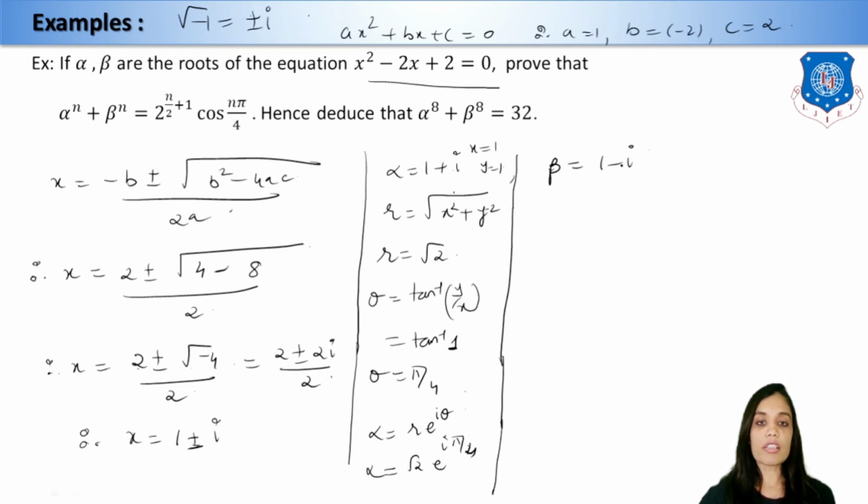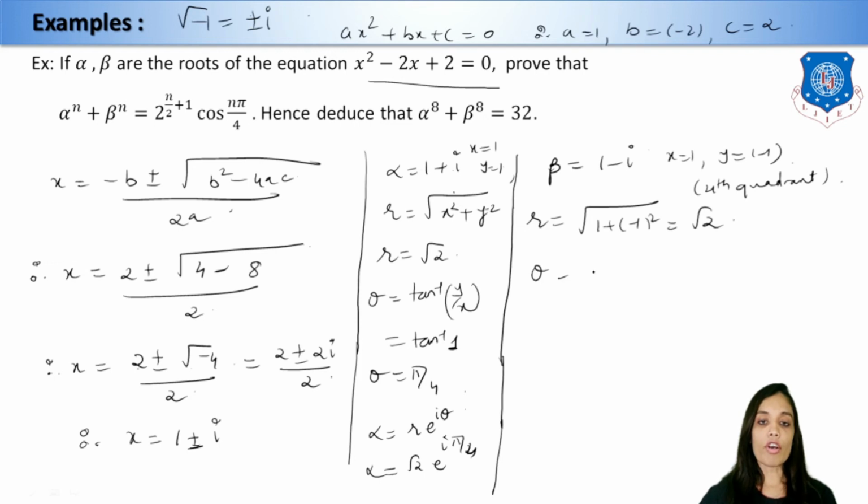Now similarly, let us convert beta into exponential form. So x is 1, y is what? Minus 1. So this lies in the fourth quadrant. Okay. So first, r will be equal to square root of 1 plus minus 1 whole square, so it will be equal to root 2. Now the formula of theta will be minus tan inverse mod y by x. Why?